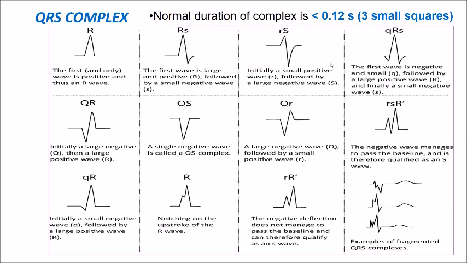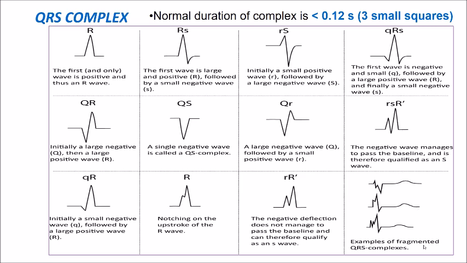Now look at the appearance of QRS: the small q, capital Q, and different orientations of the QRS. I will not highlight here, I am just showing the different presentations of the QRS. You see the last one, in the lowest right: fragmentation or fractionation of the QRS.